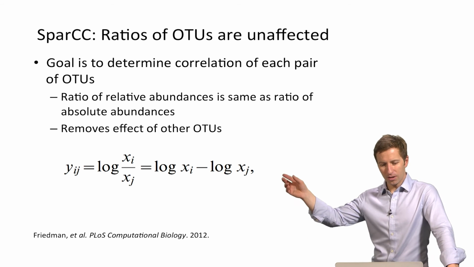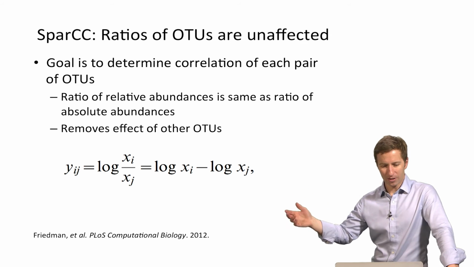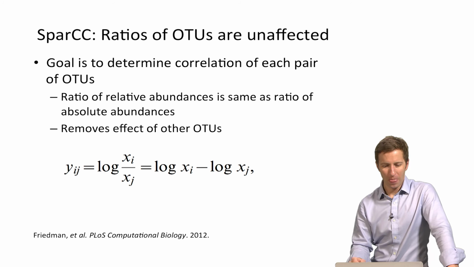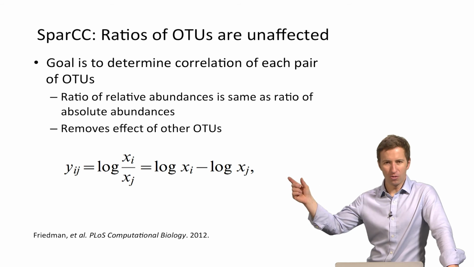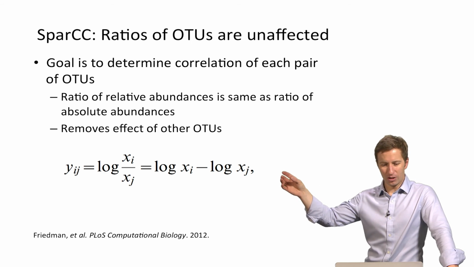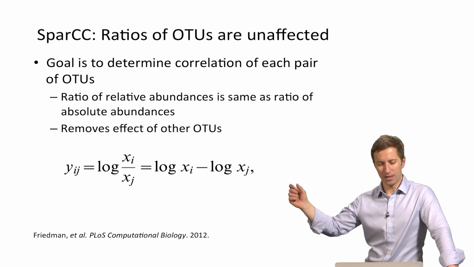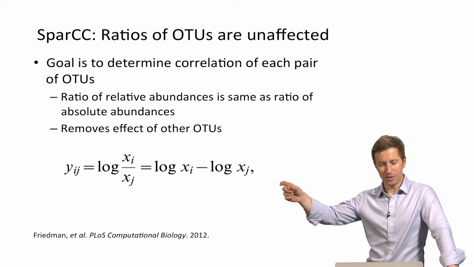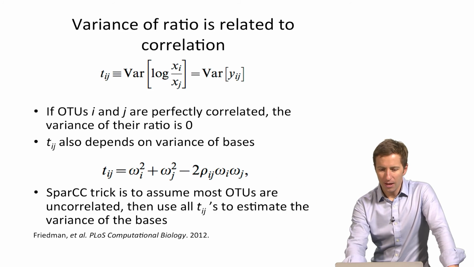So you take the ratio, you take the log because it has some nice mathematical properties, and now we have this new quantity, Yij, which is the log of the ratio between xi, or species i, and species j.